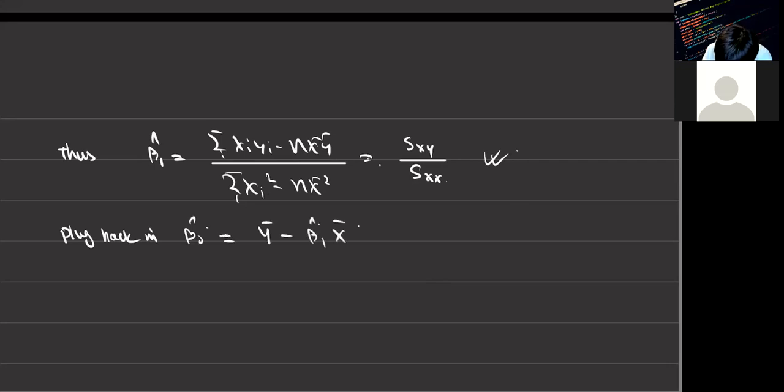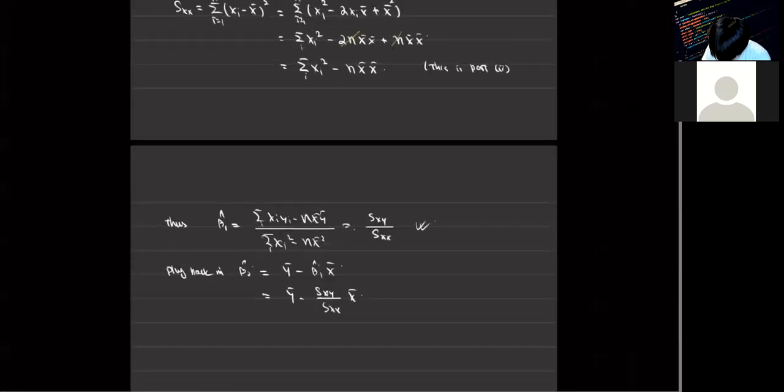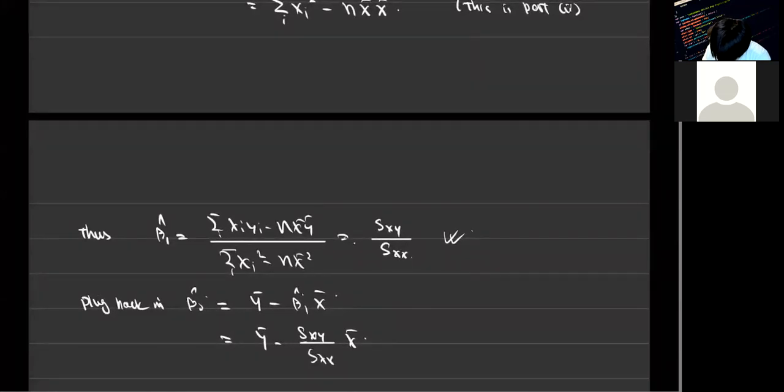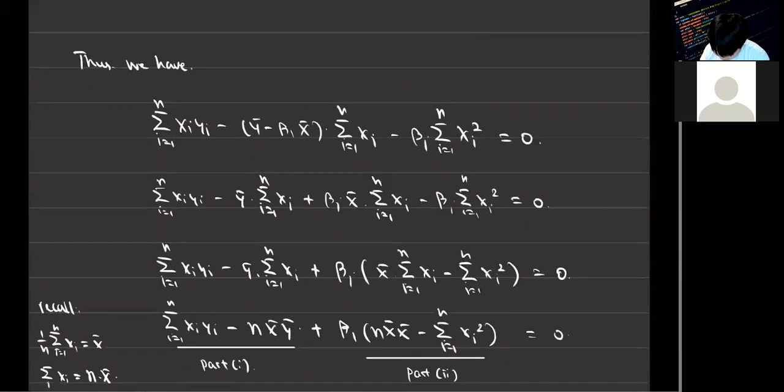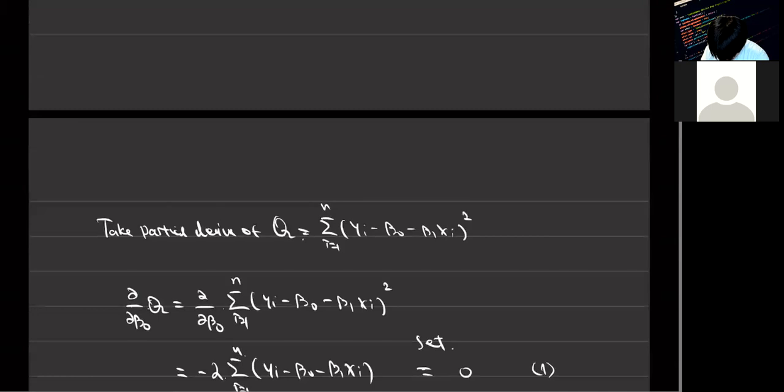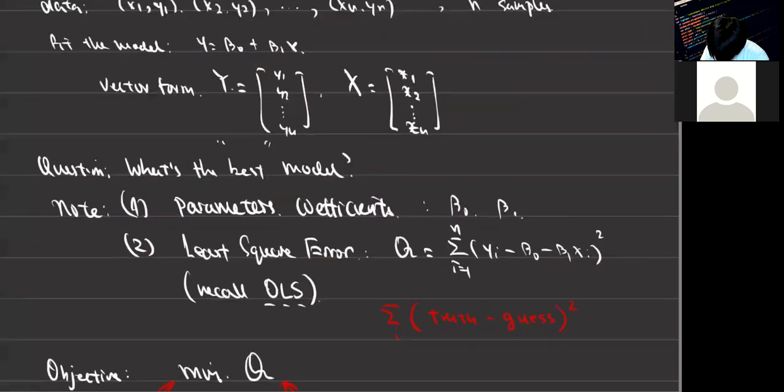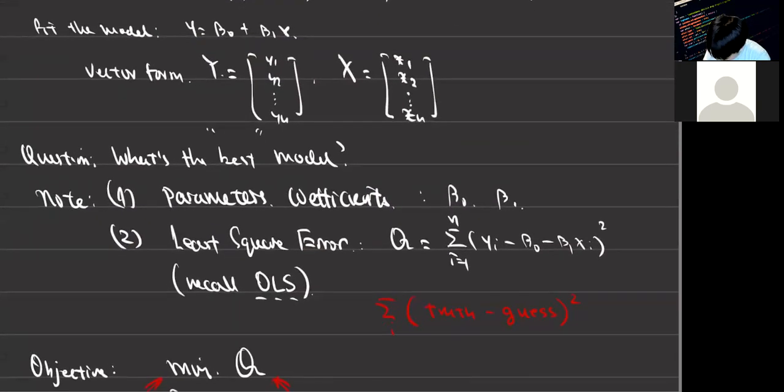So if you plug in this beta 1 hat, then you just get something like this over sxx times x bar. And you can just leave it like that. So now this is essentially how you derive and find beta 1 and beta 0 by using the least squares assumption, which is stated here.